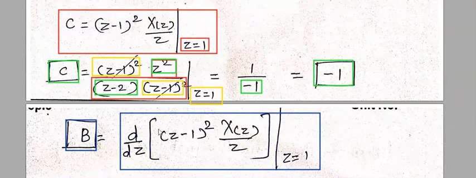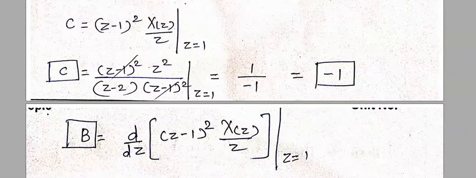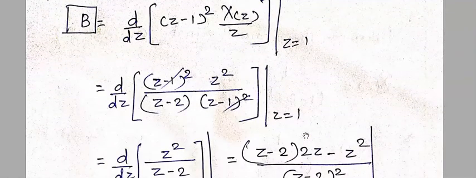So this entire term is nothing but z square by z minus 2 after cancellation of z minus 1 square. Let me just show here how to simplify it for b.